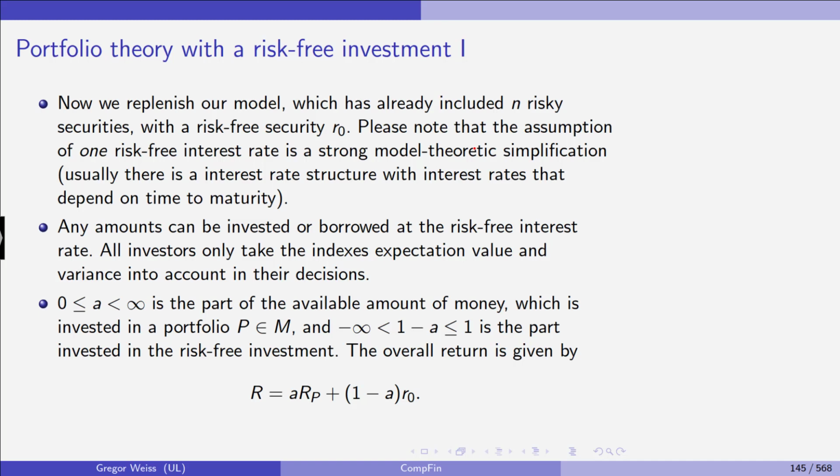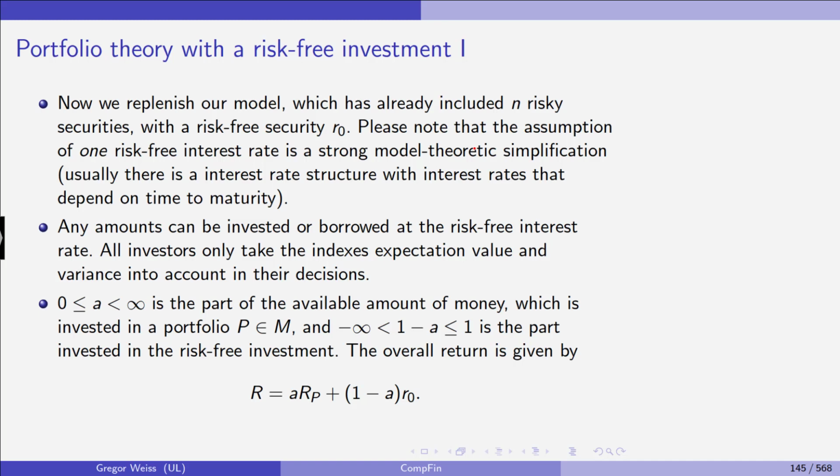Usually you have many risk-free securities, a term structure of interest rates, where those risk-free rates depend on the maturity, but we make the very strong assumption that we only have one risk-free rate for all maturities. So any amounts can be invested or borrowed at the risk-free interest rate.